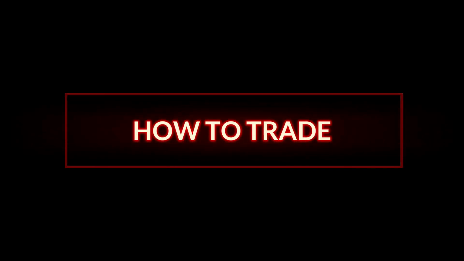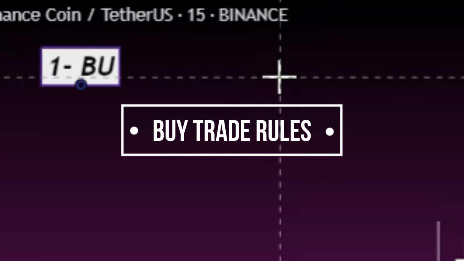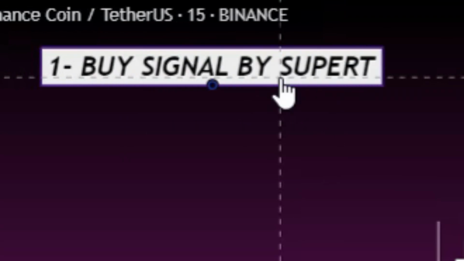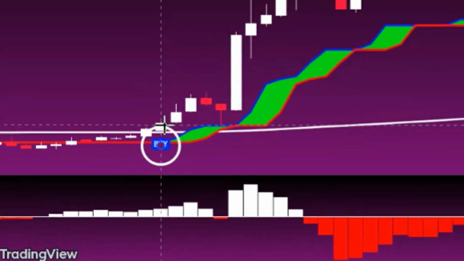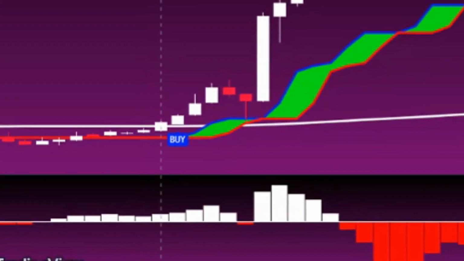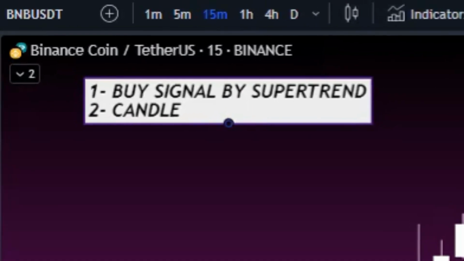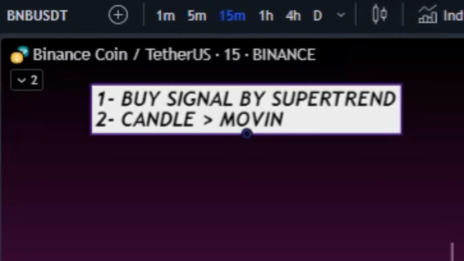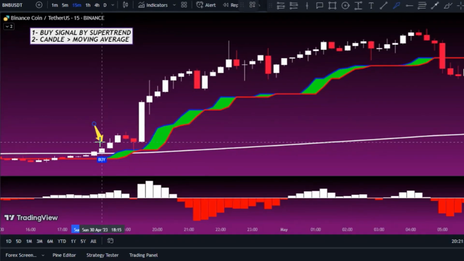The strategy is now optimized and we can define the rules for getting in trades. To enter a buy, first we need a buy signal. Then we must confirm the uptrend by seeing if the candle that caused the signal closes above the 200 moving average.